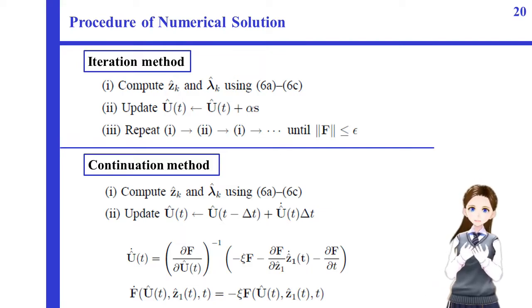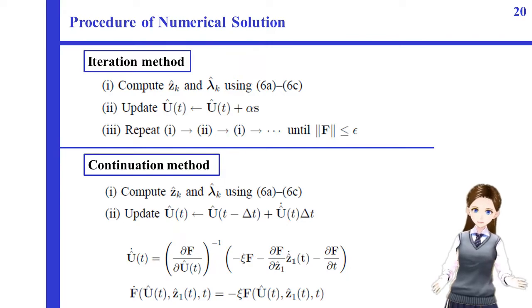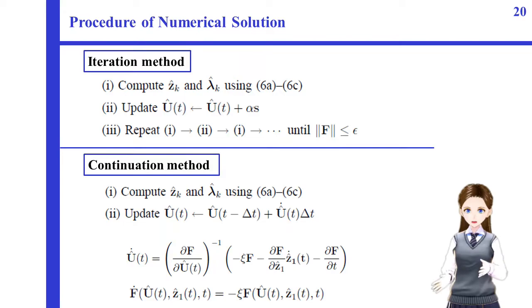On the other hand, the procedure for continuation method is summarized here. Similarly to this, we compute z hat and lambda hat over the horizon. But, in this method, we update U hat only once as shown here, where U hat dot is given like this so that this equation is satisfied. Here, xi is a positive constant.